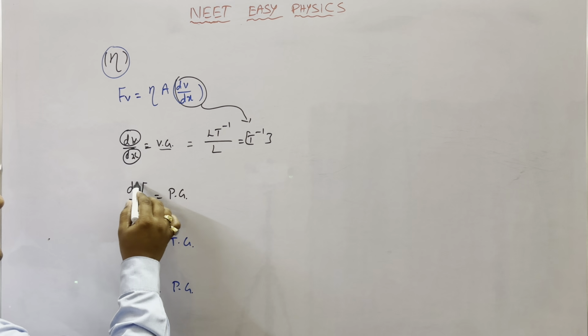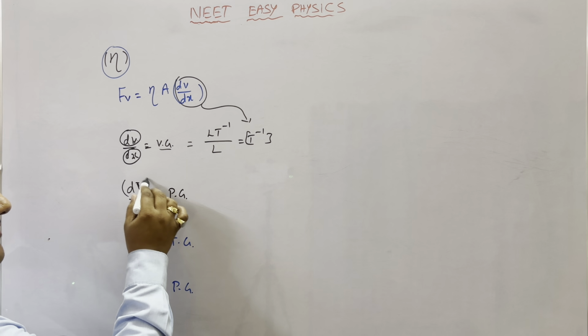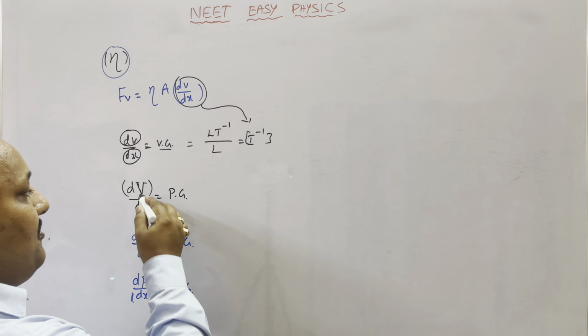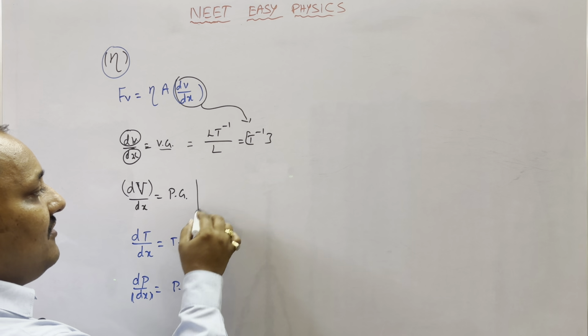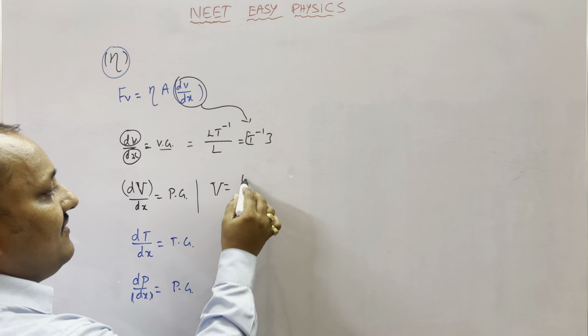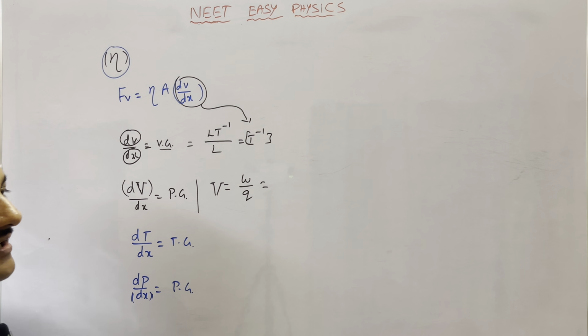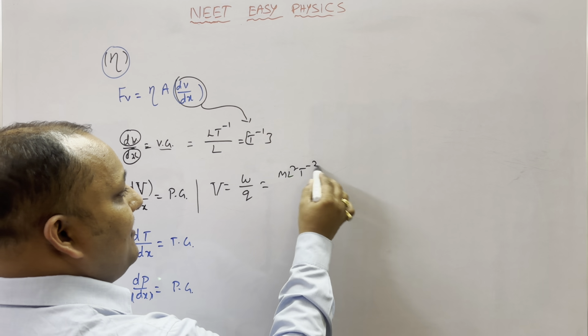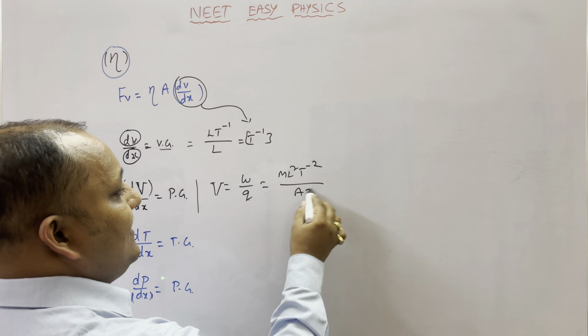Now we will see potential gradient. What was the potential dimensional formula? I told you we cannot remember the potential dimension formula, so we have to write like this. Potential V is equal to W by Q, work done by charge. What is the work done dimension formula? M L square T power minus 2 by charge, which is AT.